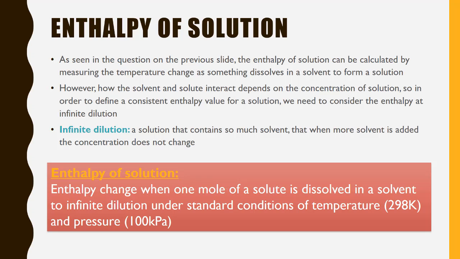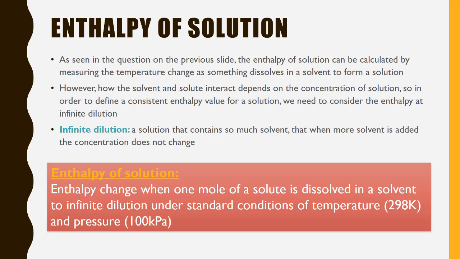If we look at this, we can see that the enthalpy of solution can be calculated by looking at the temperature change as something dissolves to form a solution. But the solvent and solute interaction depends on the concentration of the solution. So if we want to define a consistent enthalpy value, because concentration has an effect on this, we need to consider the enthalpy at infinite dilution.